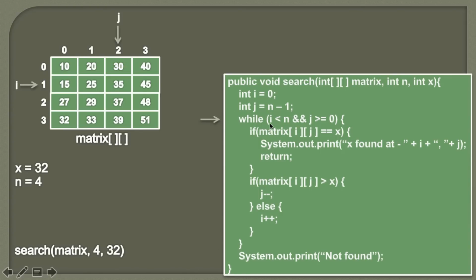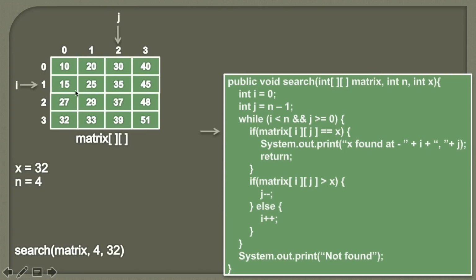We again check whether i is less than n and j is greater than 0 or not. So i is holding value 1 and it is less than 4, and j is holding value 2 which is greater than 0. Therefore the condition in the while block comes out to be true. In the first if block we check whether the value at matrix i comma j is equal to x or not.